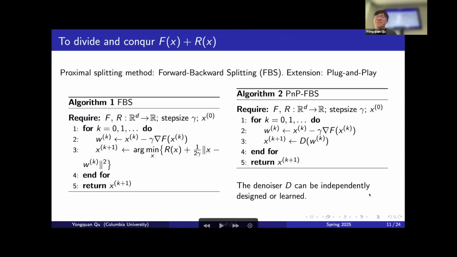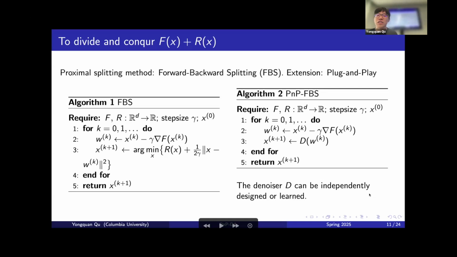Yeah, ADMM is an advanced version of the proximal splitting method, so it might be beyond this level. It can improve the problem of interpolation, to allow for some slackness, to not harshly project, maybe.